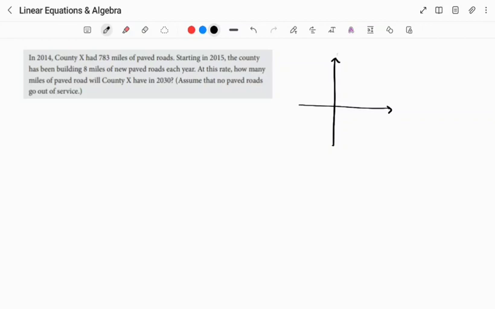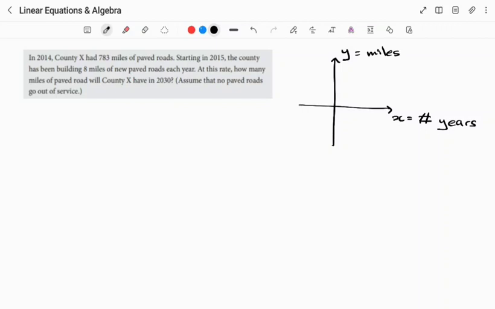So we're going to say our y is going to be miles of road, and our x is going to be number of years, because the question is, how many miles will be in the year 2030? So our number of miles built and our number of years are related in a linear relationship. That is why it's a linear equation. So let's try to find this linear equation.